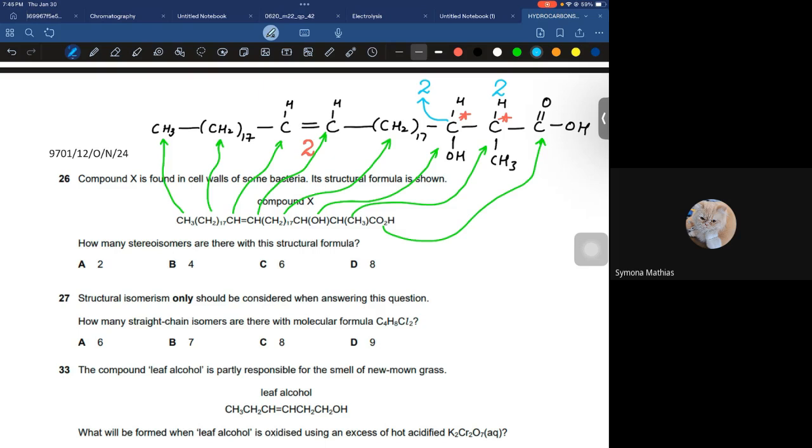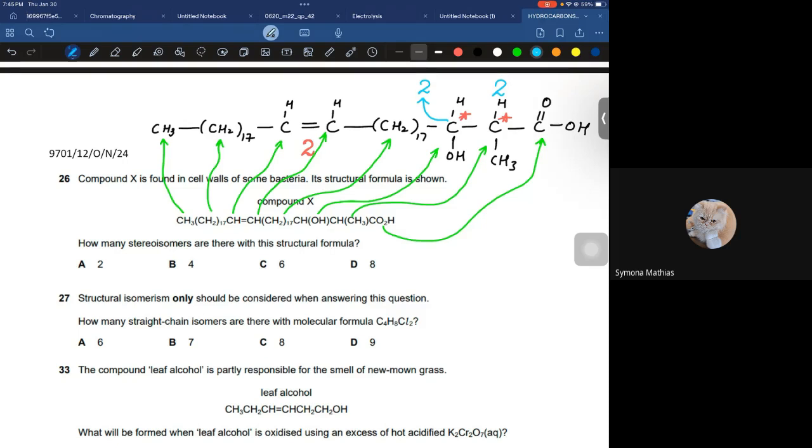How can you say the answer is D? Can anyone explain? What do you think? You are silent, why?